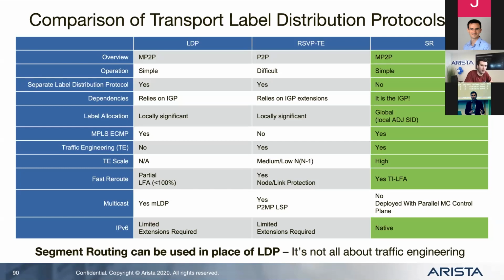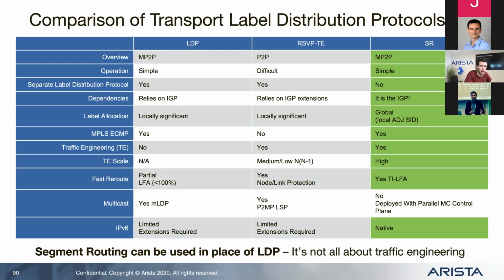It also supports natively IP version 6. So without any extensions to segment routing, we have support for IP version 6 and IP version 4. Just one, I guess, drawback here is the limited support of multicast, but there's no reason why you cannot run multicast in parallel to segment routing.